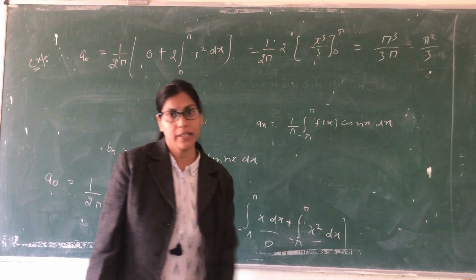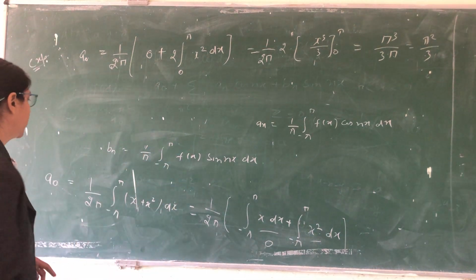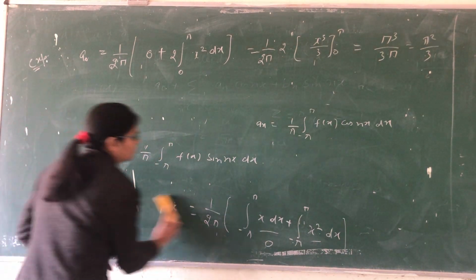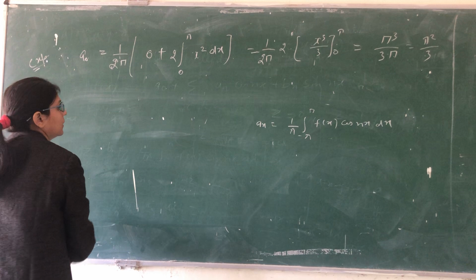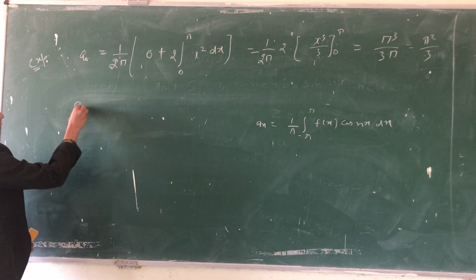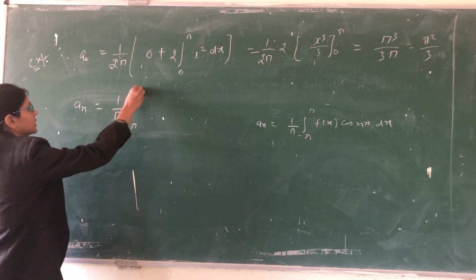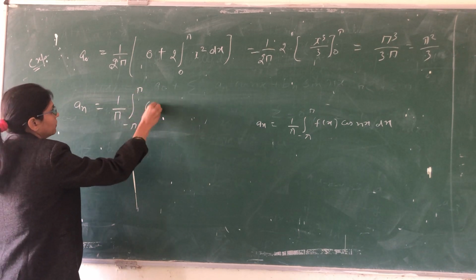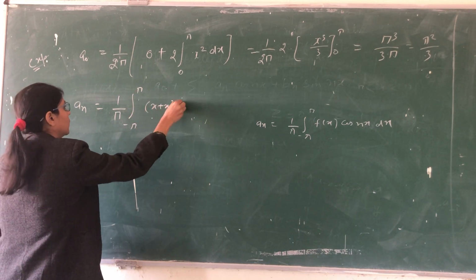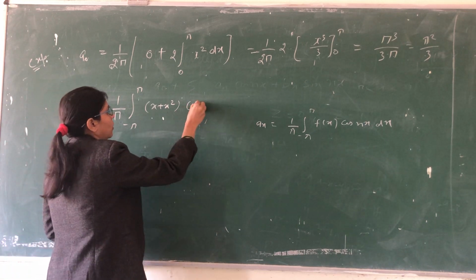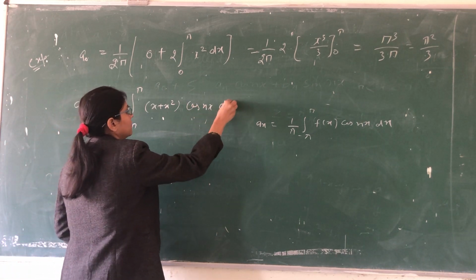Now we will find an. Now putting it in the formula of an. So now what is our an? An equals to 1 upon pi integral minus pi to pi. F of x is what? X plus x square into cos of nx dx.